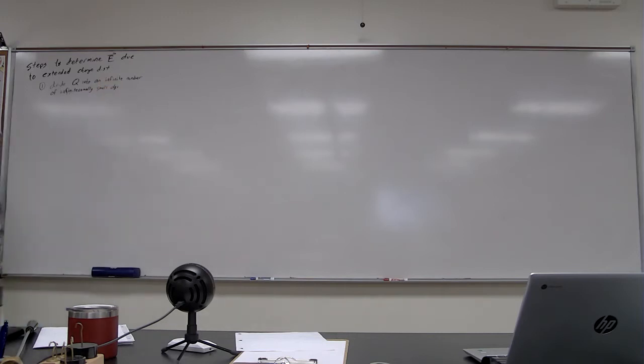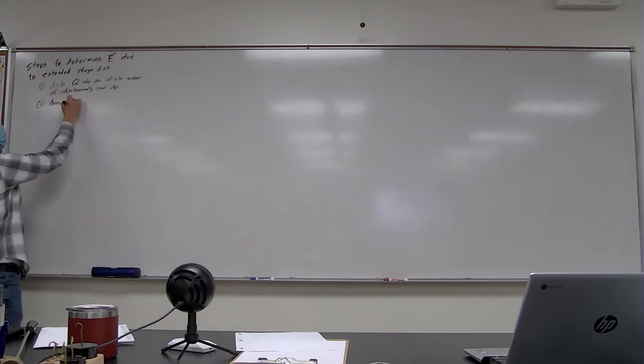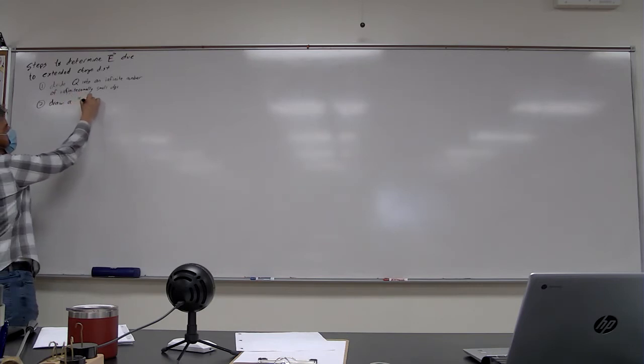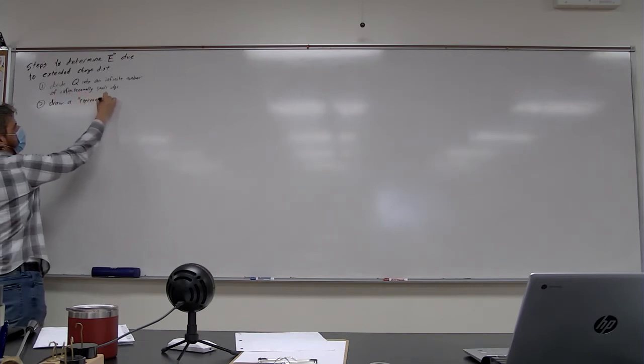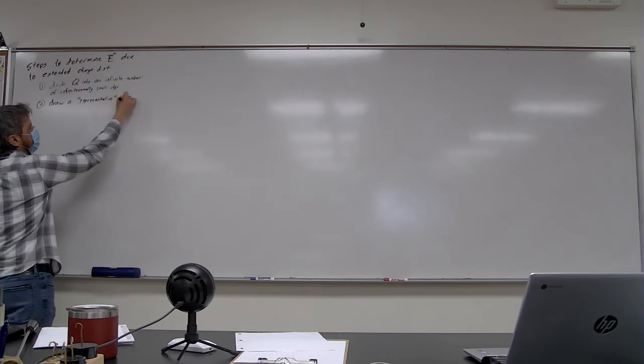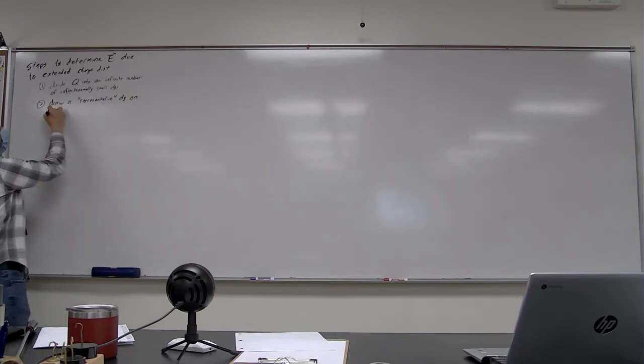Right? You don't want to draw all of the infinitesimally small dQs on your diagram, though, because that would be silly. So you draw a, put this in quotes, representative dQ on your diagram.